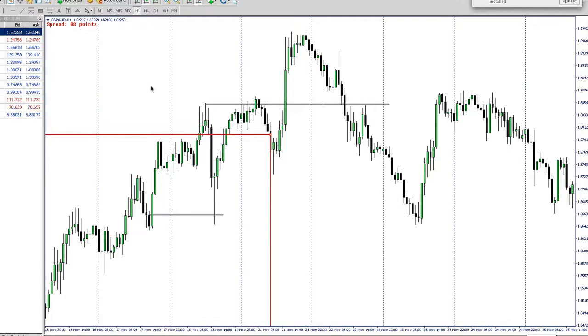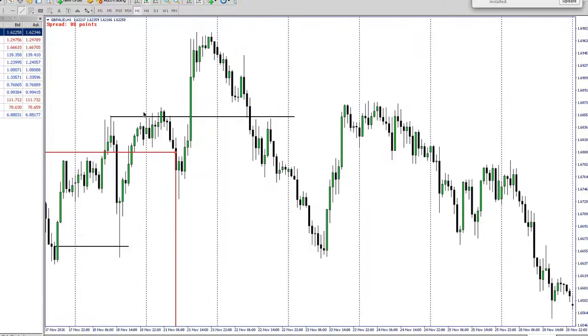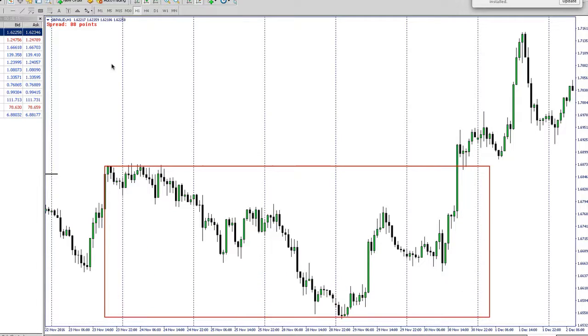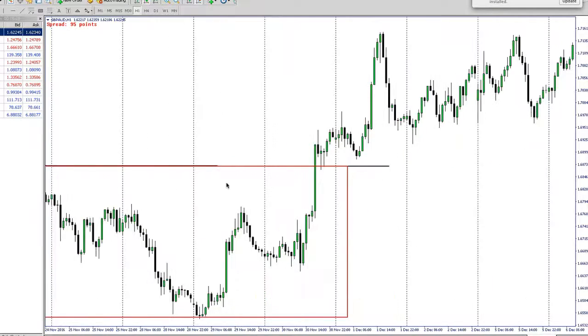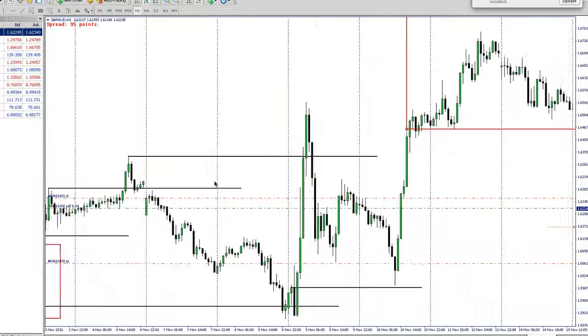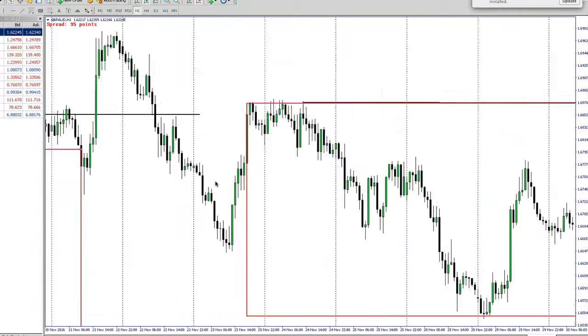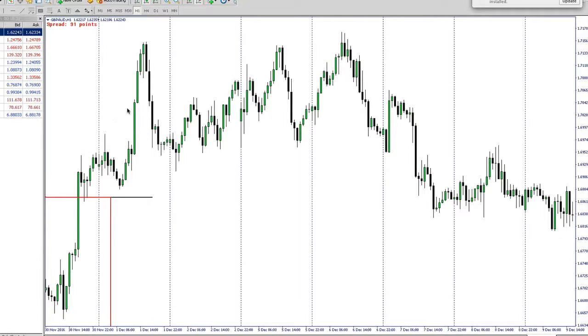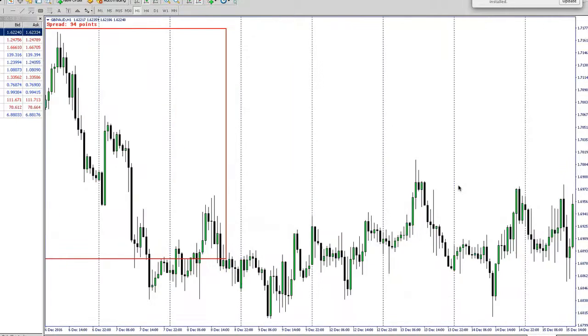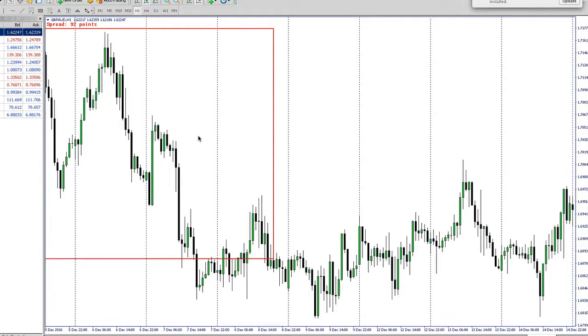So it's kind of in a range there, and then that is a return to the top, and away it goes. Go back to this one, and there was no higher one. Range again, so we're in a range, told you it's in a range a lot, and then it sells off. That goes into another range actually.